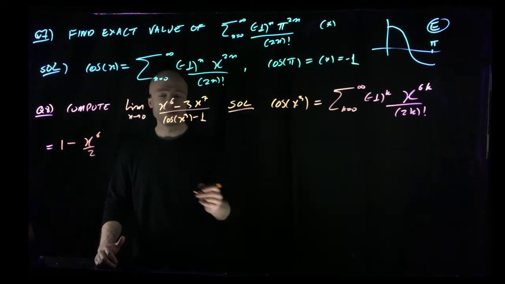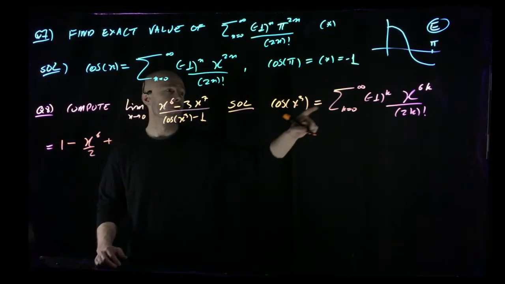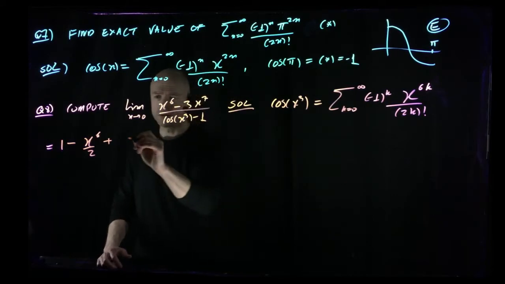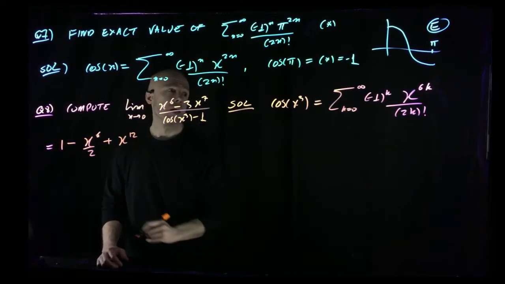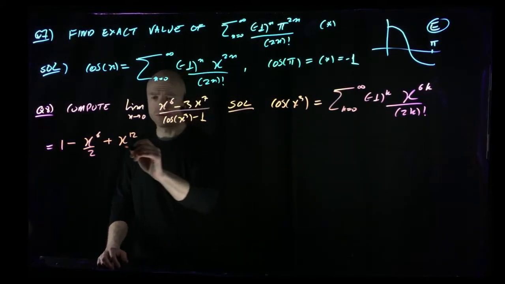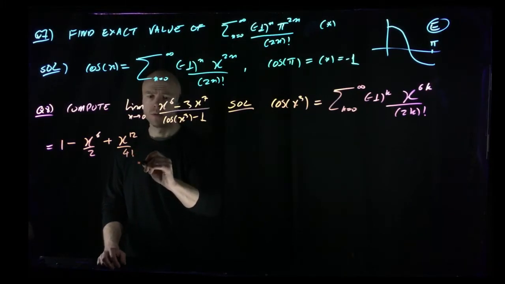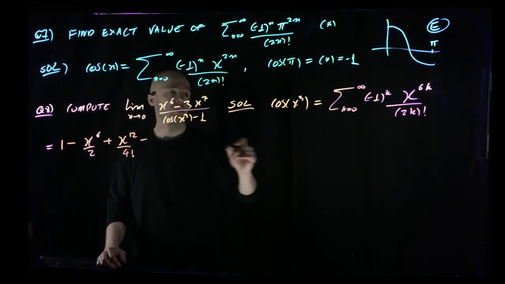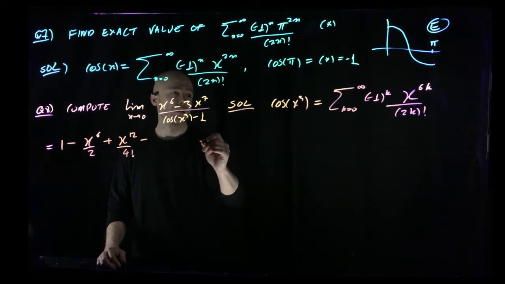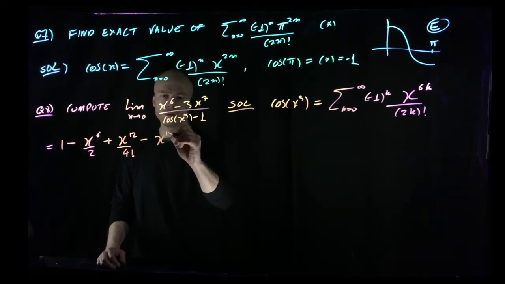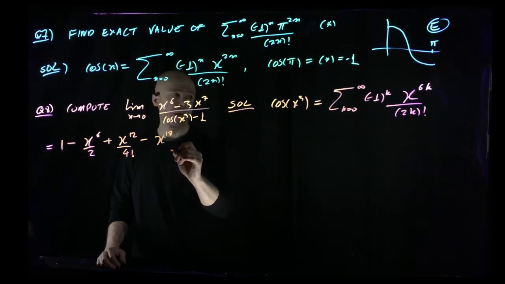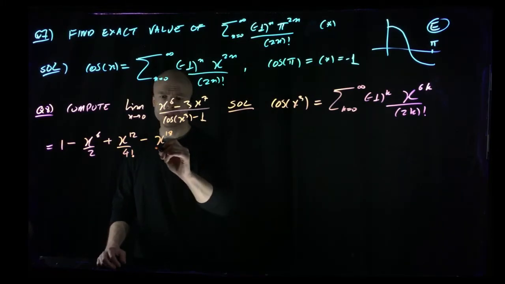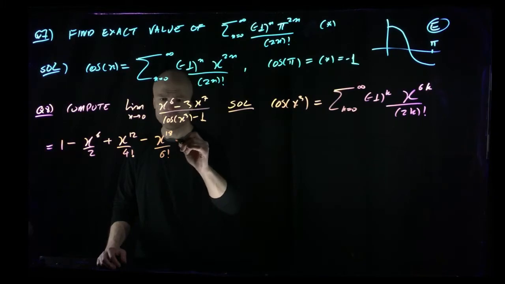And when k equals 2, we're going to have plus x to the 12 over 4 factorial. And then a bunch of other terms. The next one will be k equals 3, so it's a minus. We're going to have x to the 18 over 2 times 3 factorial, so 6 factorial, and then other terms like this.